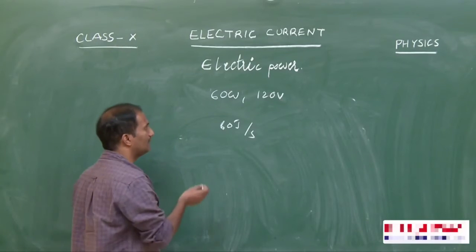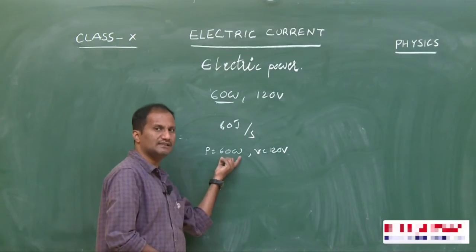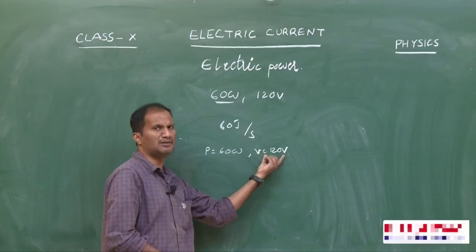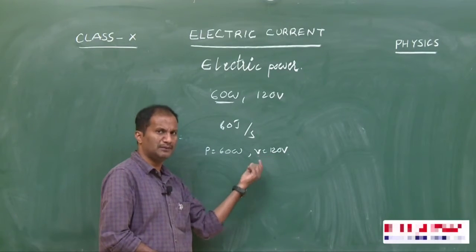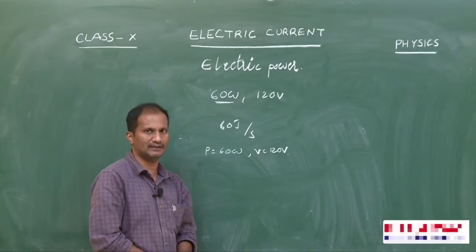We can easily calculate. A bulb is rated like this, that is P equal to 60 watts and V equal to 120 volts. Now we are going to find the amount of resistance offered by this bulb for the flow of electricity.